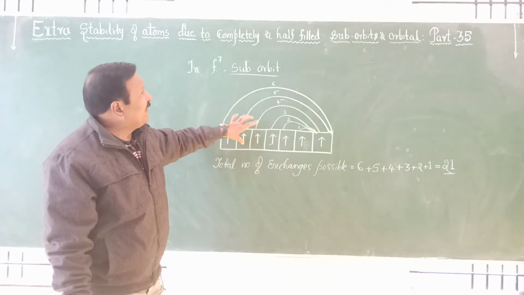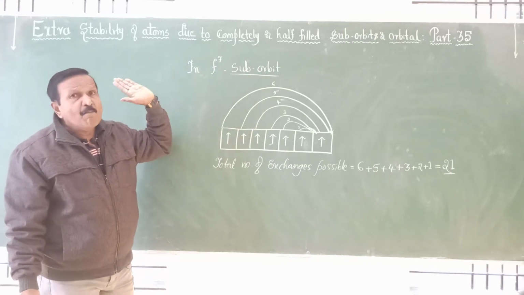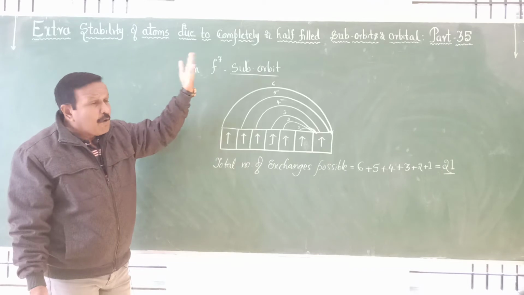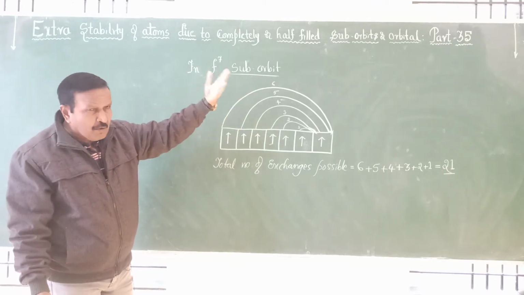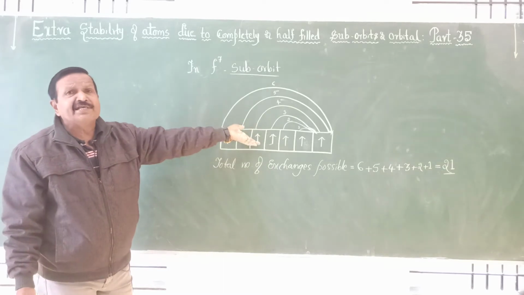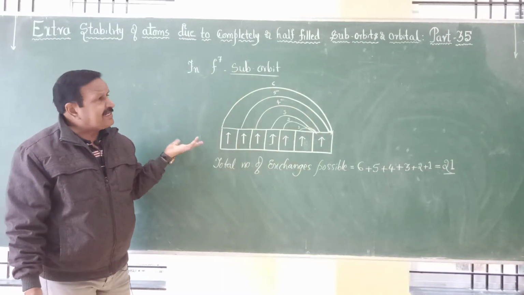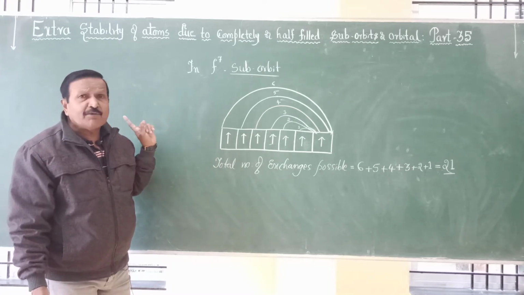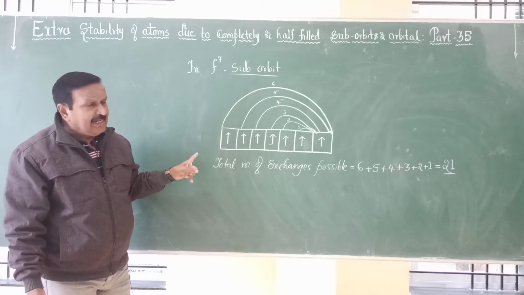Hence, atoms with f7 orbitals will be more stable because they have more exchange energy. More exchanges, more exchange energy, more stable. And of course, an s orbital cannot have any exchange because it doesn't have any degenerate orbitals.